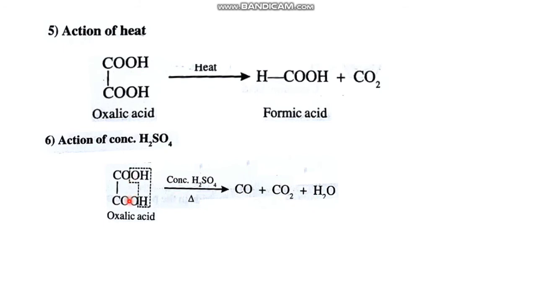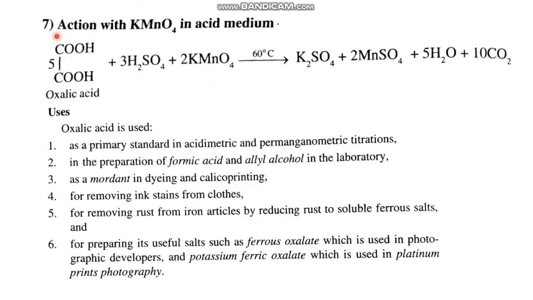It just decomposes, there's an elimination of water molecule, and simply we can say that there's a decomposition of this oxalic acid. So the reaction results in carbon monoxide, carbon dioxide and water molecule.